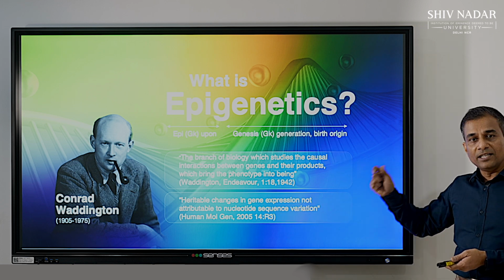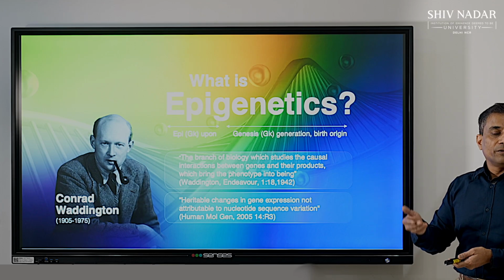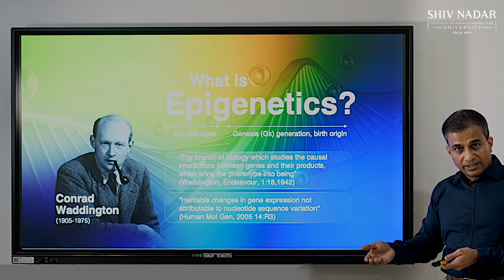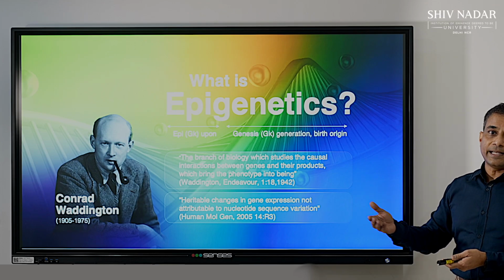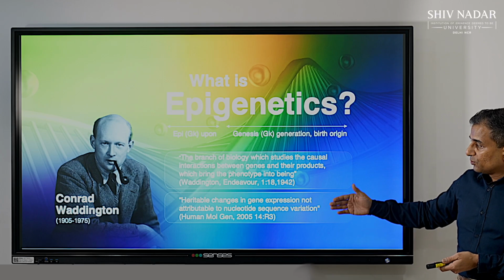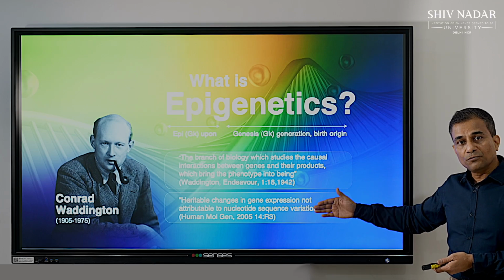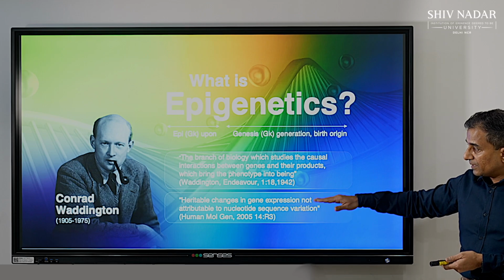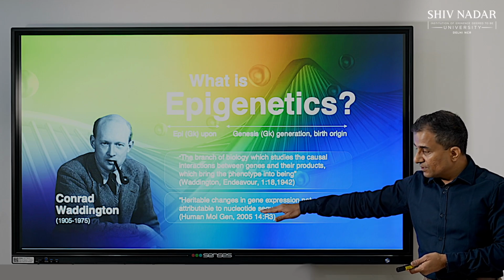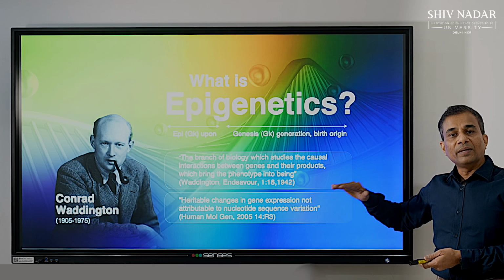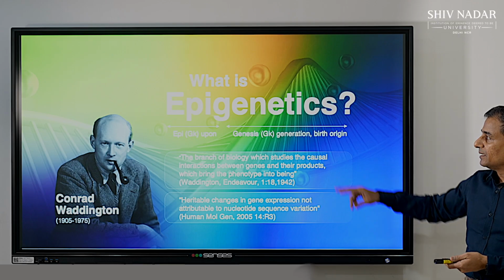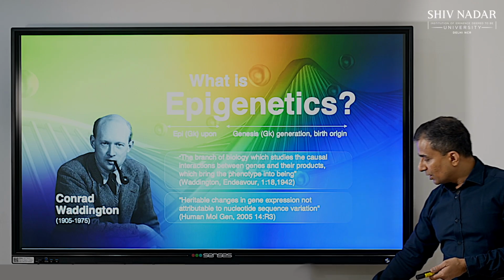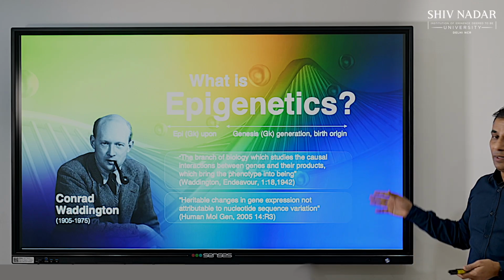If there is a change in the alphabet, that is called a mutation, which is many times quite deleterious. Mutations can cause diseases like cancer and many others, so obviously those are not necessarily good for us. What we are talking about here are changes where there is no difference in the nucleotide sequence. They remain identical, but something else happened, and that is the epi part of it, which we are going to talk about. So how does nature bring this about in the cell?